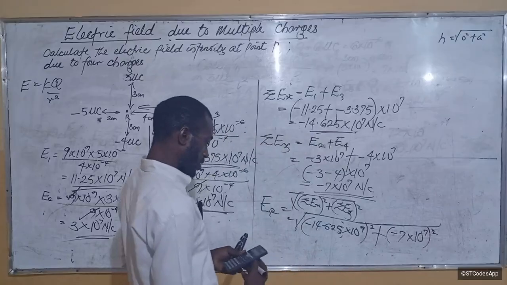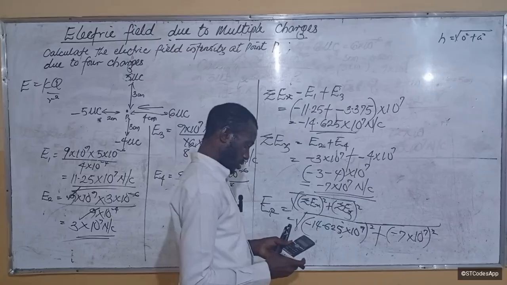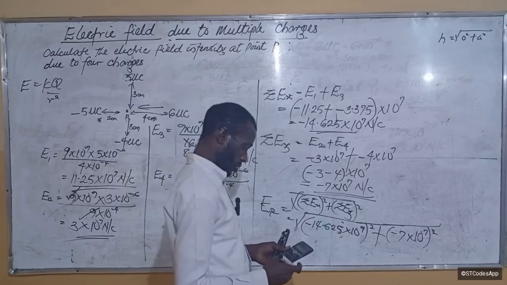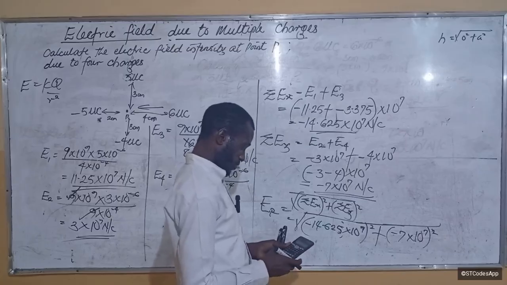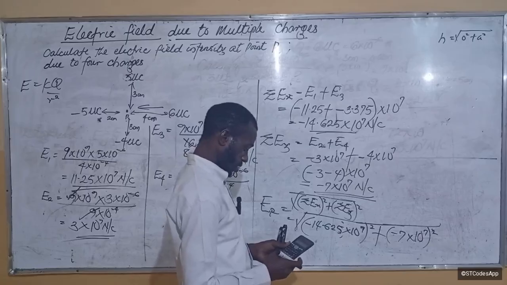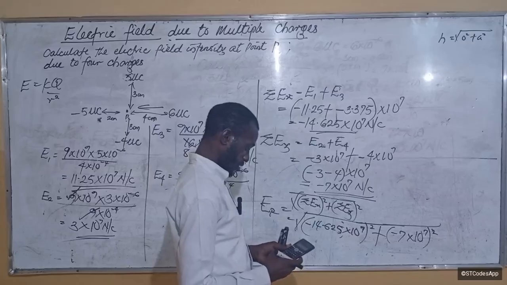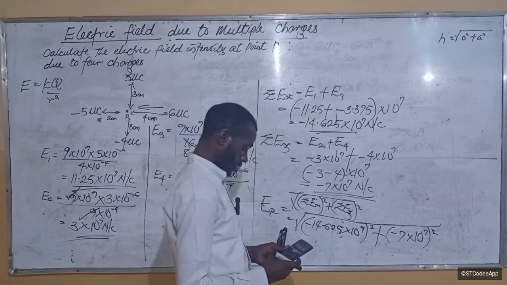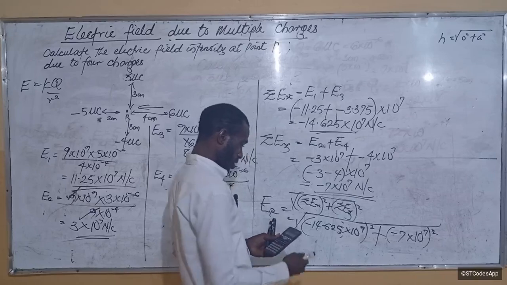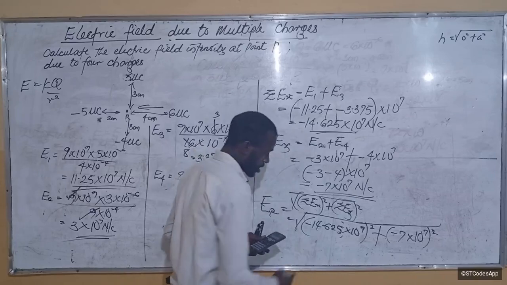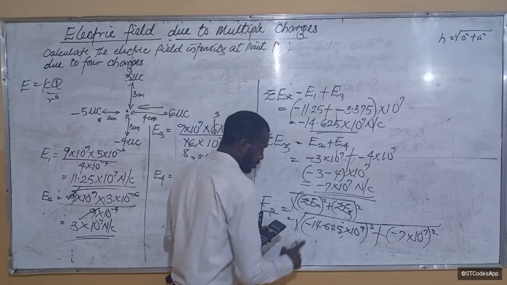By the time you square 14.625 times 14.625, someone is asking whether it will become minus.